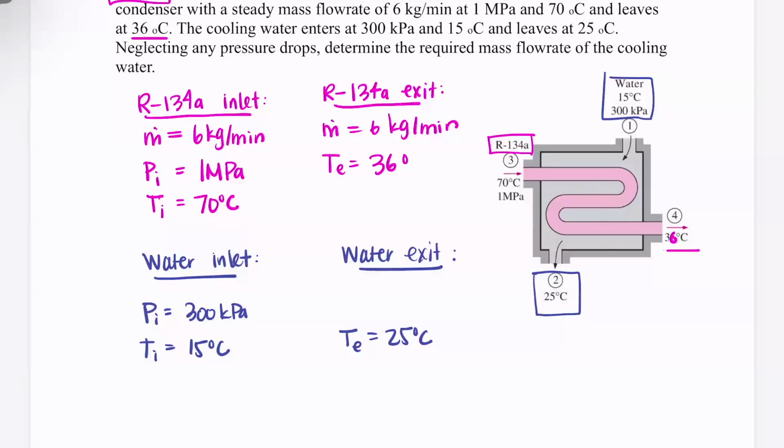Okay. So our first question is, we want to neglect any pressure drops. So this means that our pressure entering and leaving is the same. So this means that P exit is also 1 MPa, and then P exit for the water is 300 kPa.